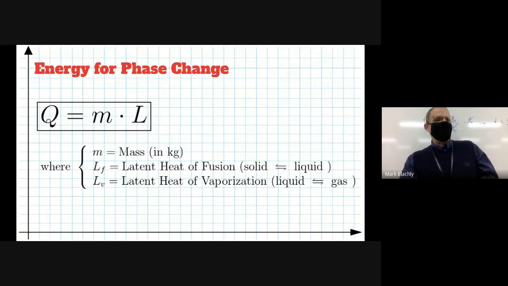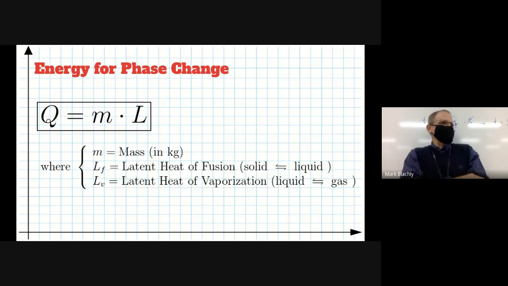All right, now, how much heat does it take to change the phase of an object or a substance? Well, that just depends on the mass, okay? So add this to your toolbox. When we are changing the phase of a substance, the amount of heat it takes is the mass times a constant called the latent heat. And again, we're going to look this up on a table.